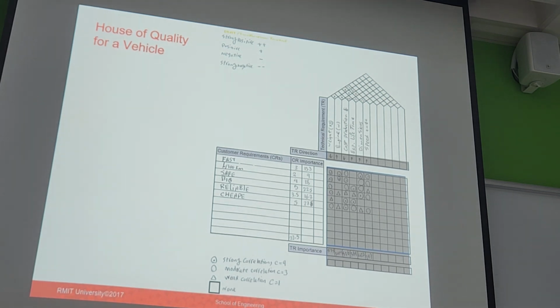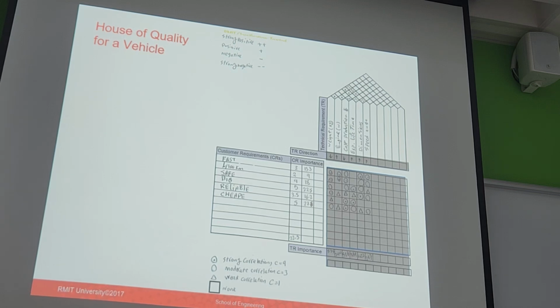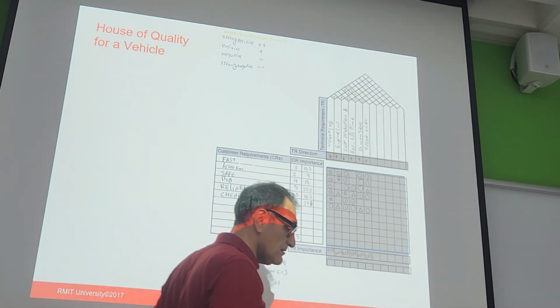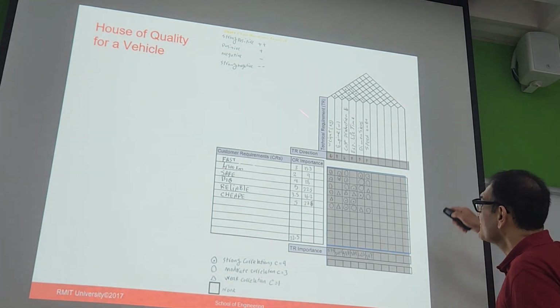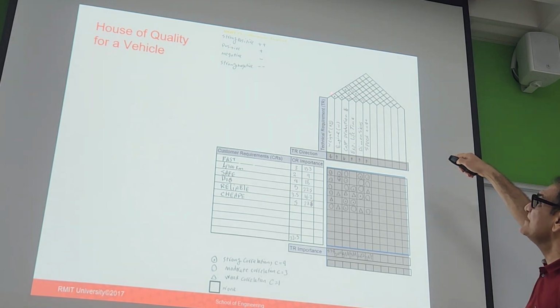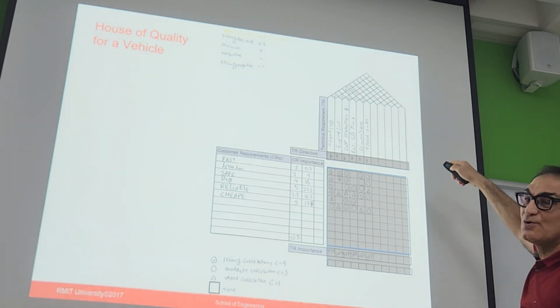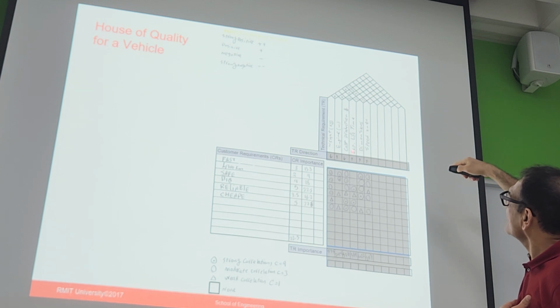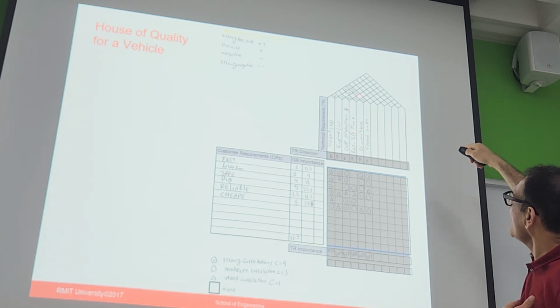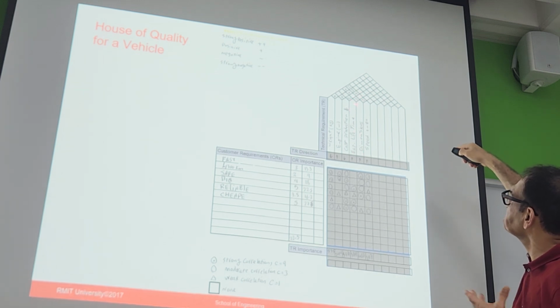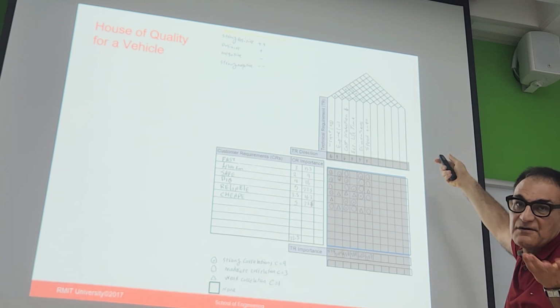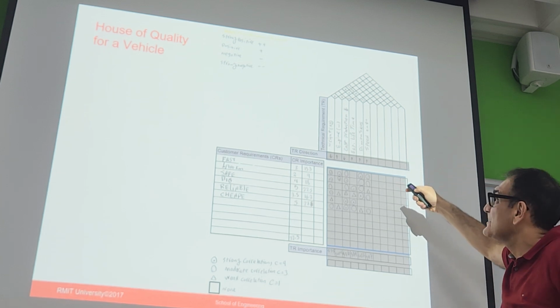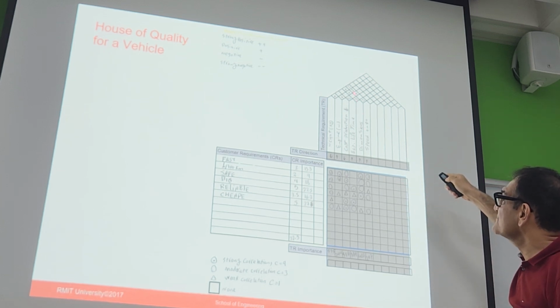But on top is blank, right? Some of them I didn't put anything, it means it doesn't have correlation. For example, lifetime and dimension doesn't have any correlation, minus or plus or nothing. Some of them have a strong correlation.